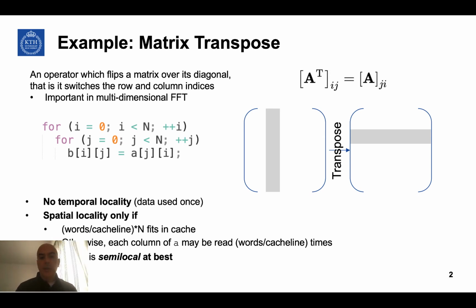Otherwise, each column of A might be read several times and moved to the cache. Because this operation does not exhibit any temporal locality and potentially has only spatial locality, the transpose is semi-local at best.